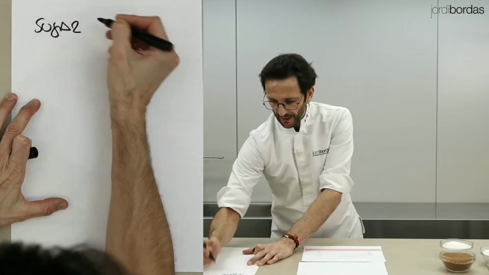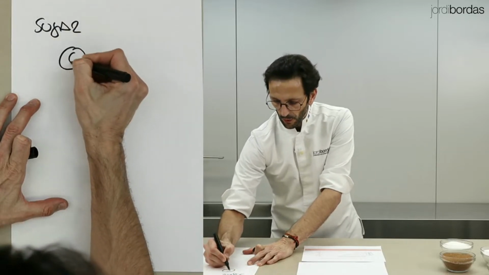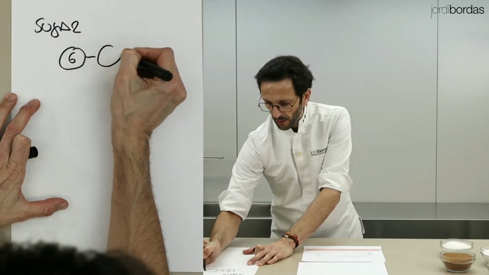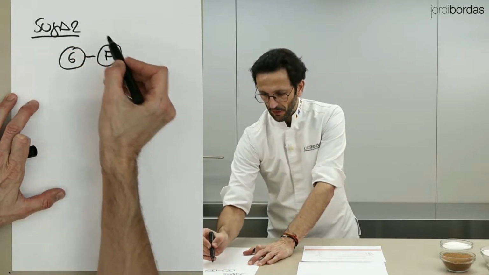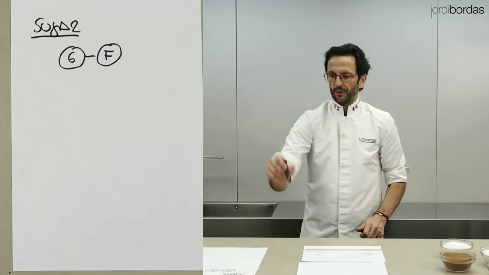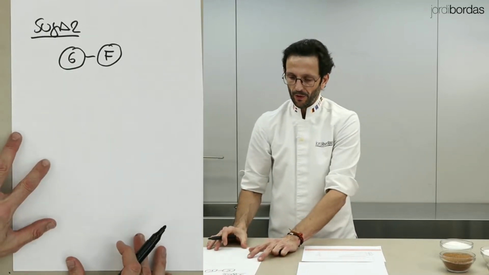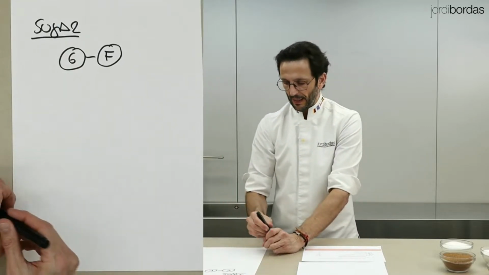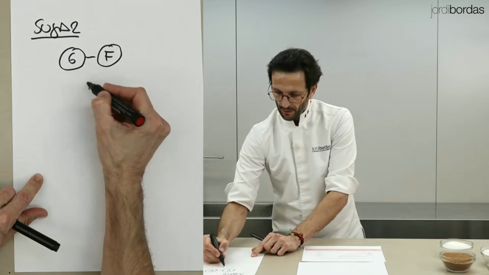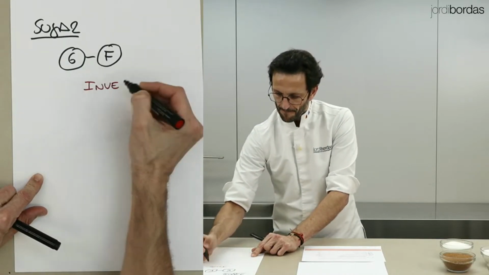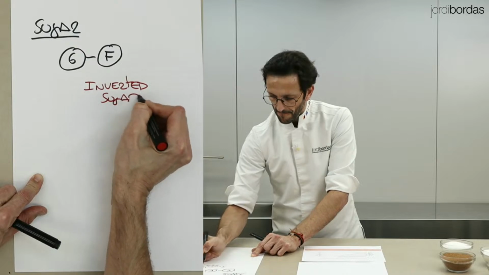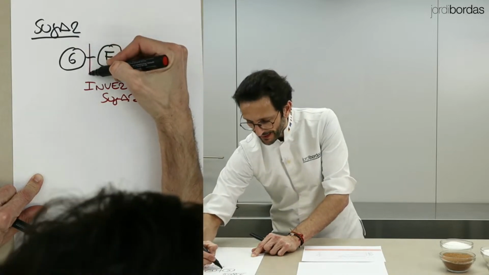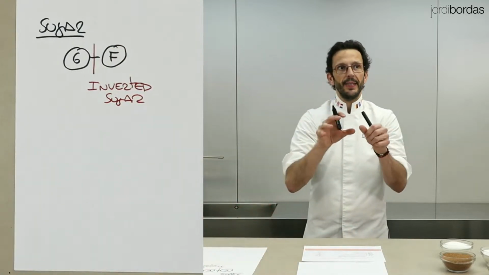This is saccharose. We have one molecule of glucose and one molecule of fructose. Okay, that means that inside of sugar, saccharose, we have one molecule of glucose and one molecule of fructose. When we speak about inverted sugar, what we do is cut this connection between these molecules, okay?